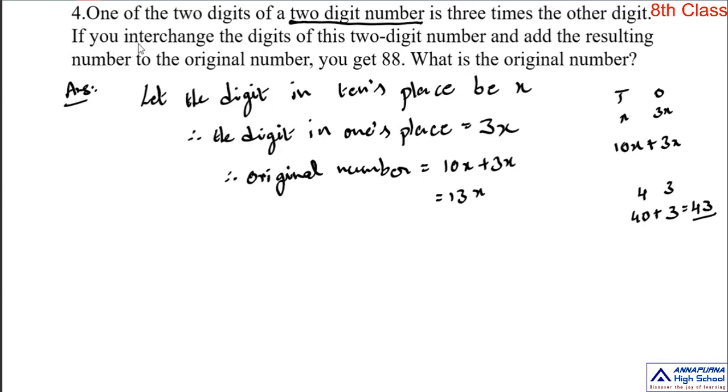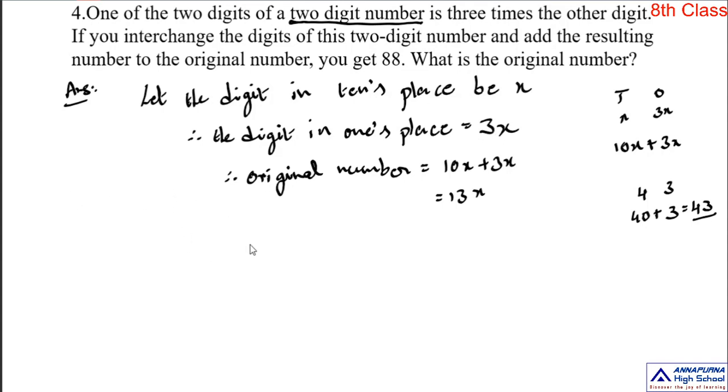Okay, and if you interchange the digits of this two-digit number, that means if you take this 3x in tens place and x in ones place, then you get a new number. So what is that new number?